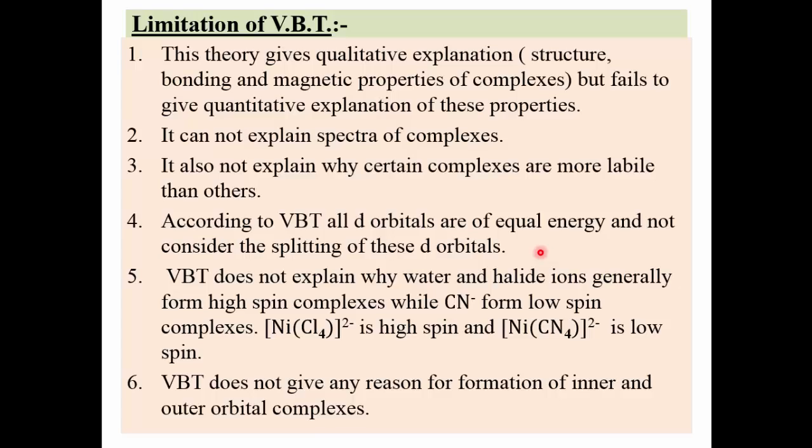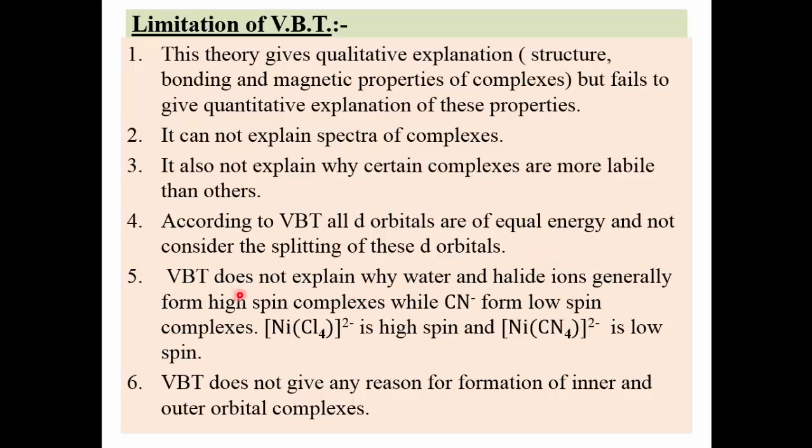They are of equal energy. Okay, the splitting, that means their different energy, is not considered for this theory by Pauling. This is very important limitation and this is explained in detail in next chapter, that is crystal field theory.